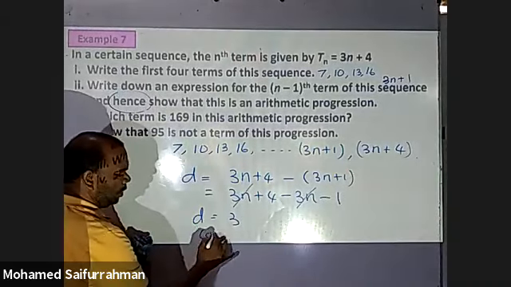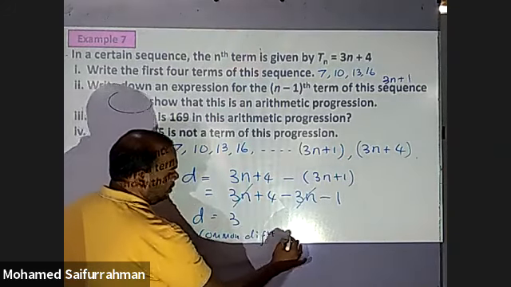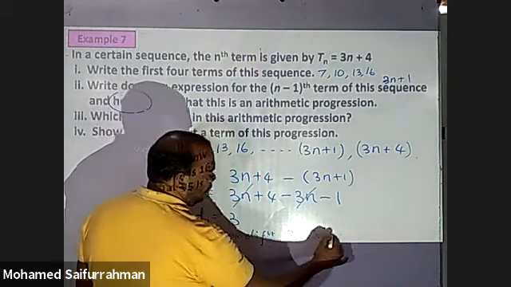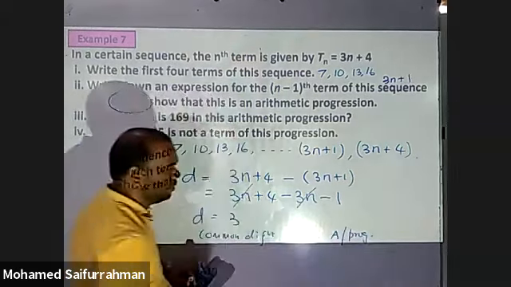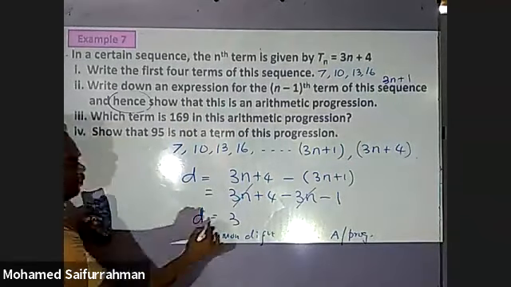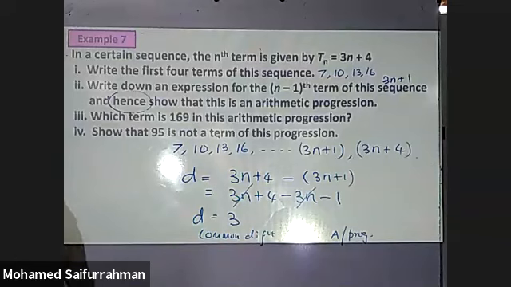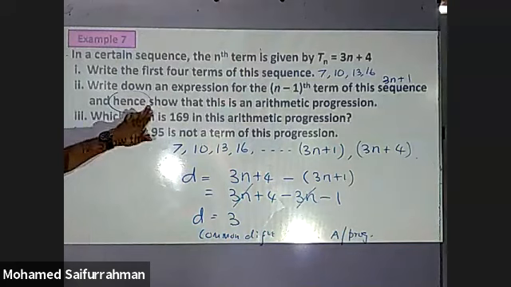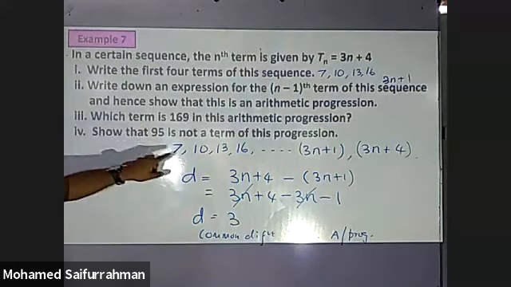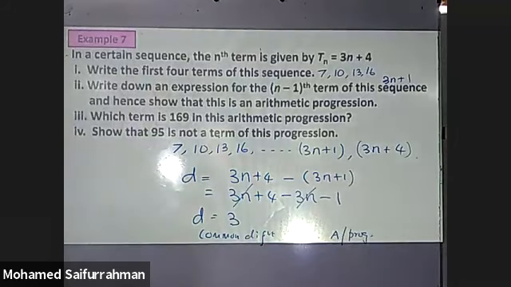So the common difference is 3, therefore this is an arithmetic progression. Otherwise, you can show it in other questions, not here. There is no hence. Then you can just calculate D: 10 minus 7, 3, arithmetic progression.